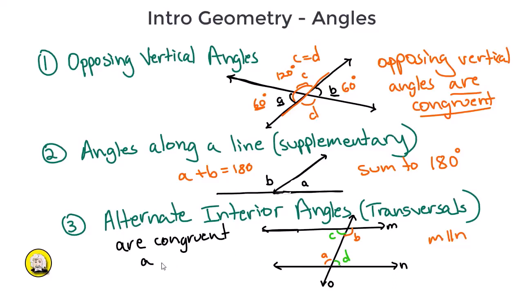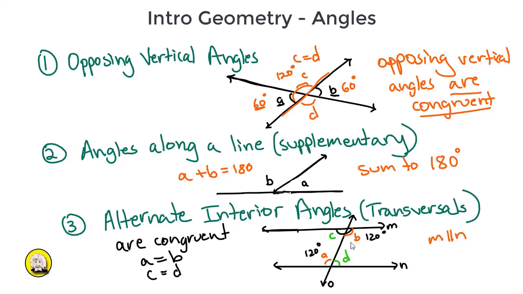So angle A's measure equals angle B, and if we know angle A is 120 degrees, we know B must also be 120 degrees. And the same is true for angle C and D. Angle C's measure must equal angle D's measure as shown. And in this case, we also have angles along a line.